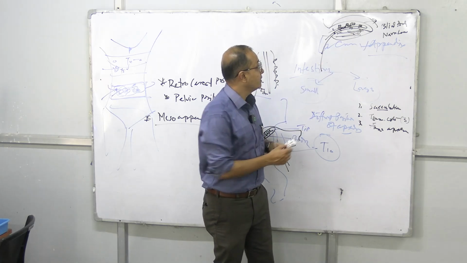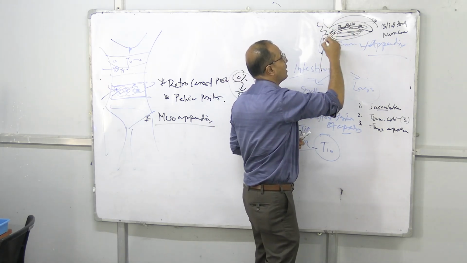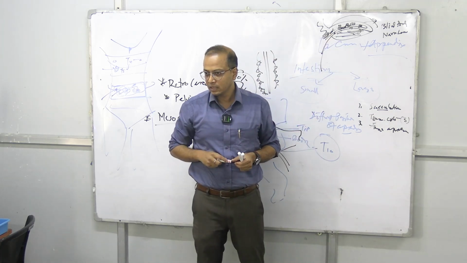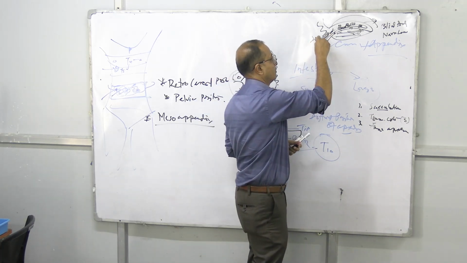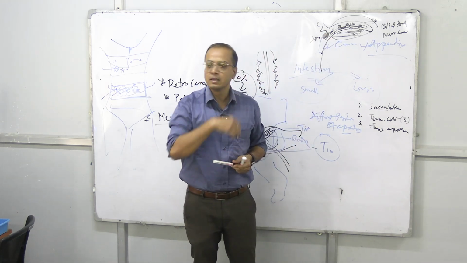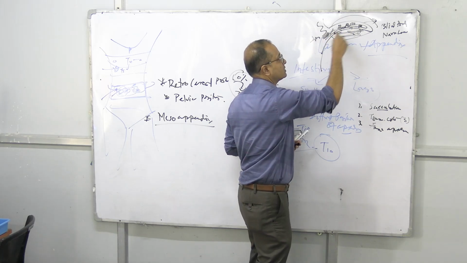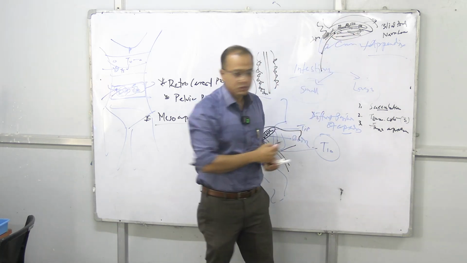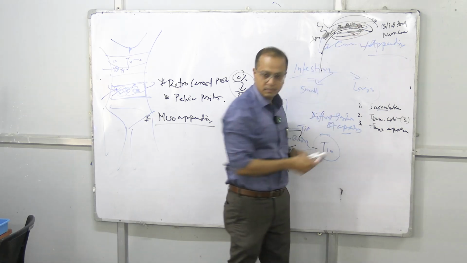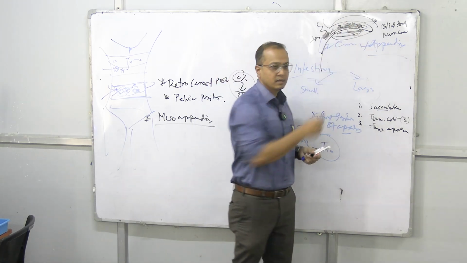The second thing that can happen: the lumen is narrow. That means if you have a hard object pressing on the lumen, say a hard stool blocking this narrow lumen, again the same thing happens. These are blocked and the circulation through here is not happening. The bacteria and germs normally present in the gut replicate and increase in number.